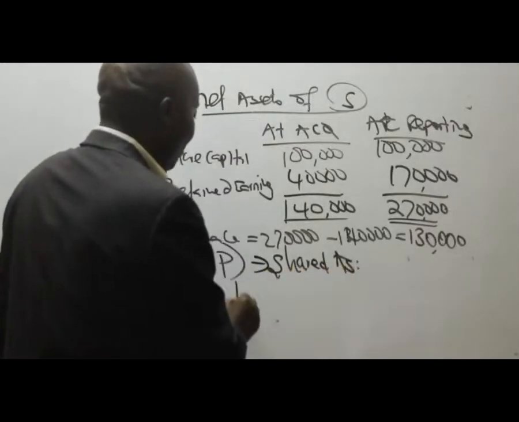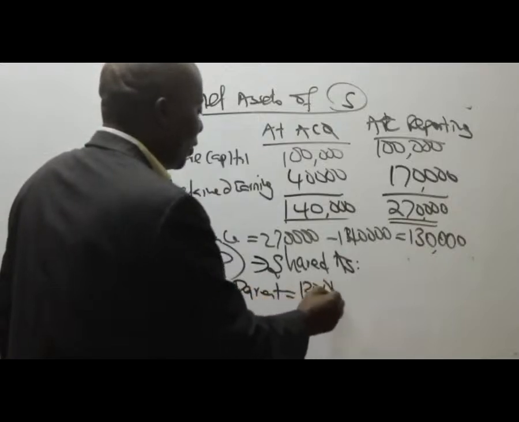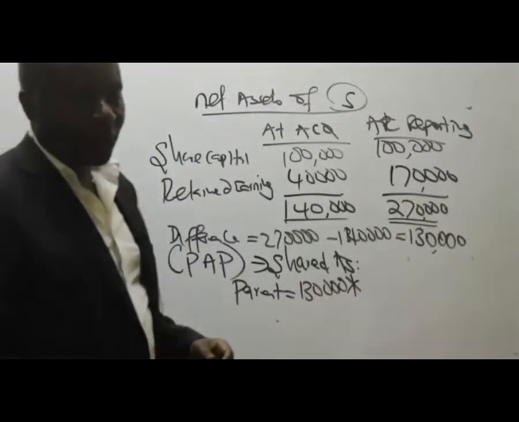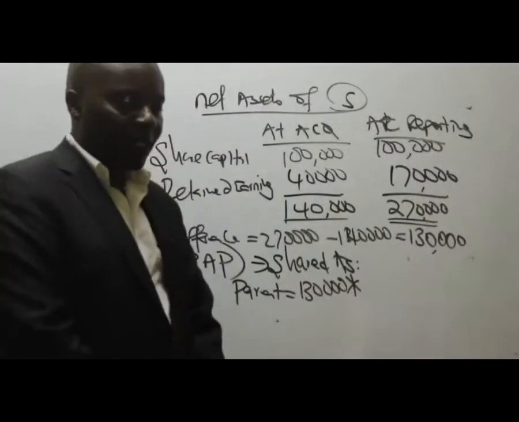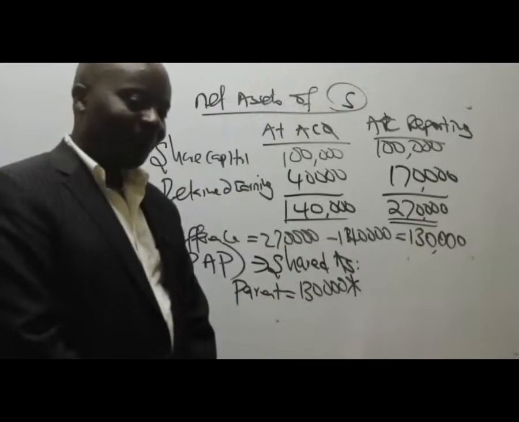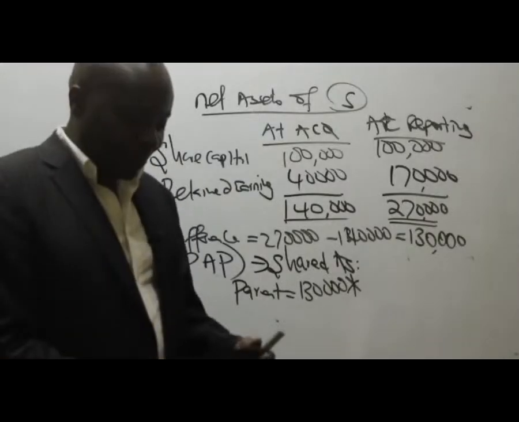So we have here the parent. The parent takes 130,000 times what percentage, somebody?